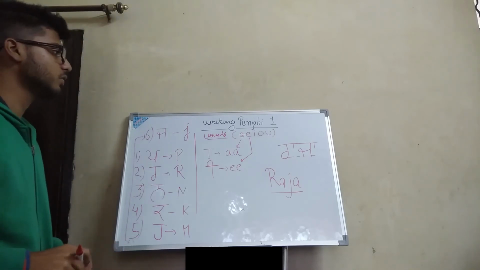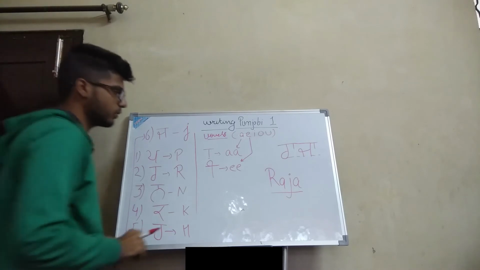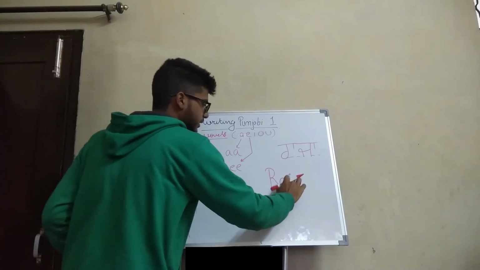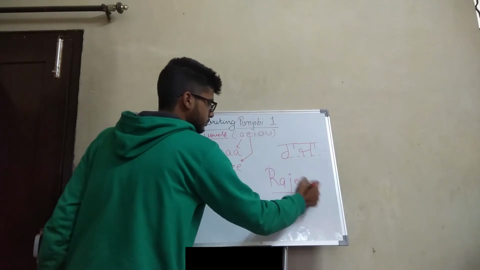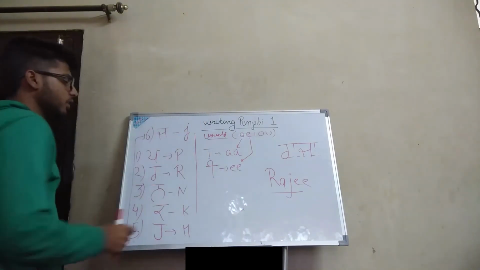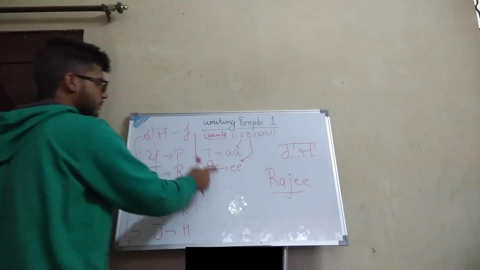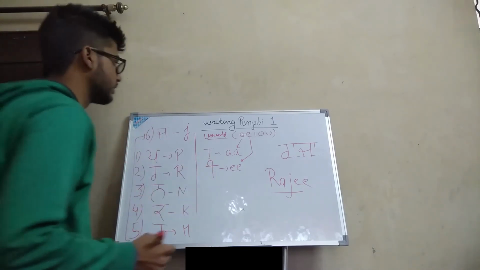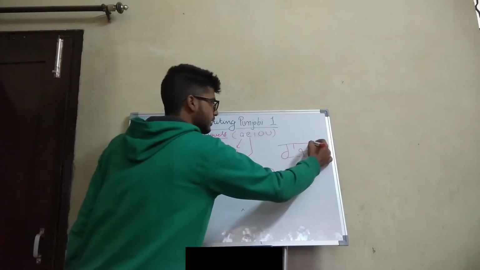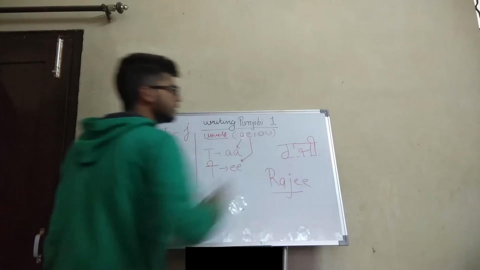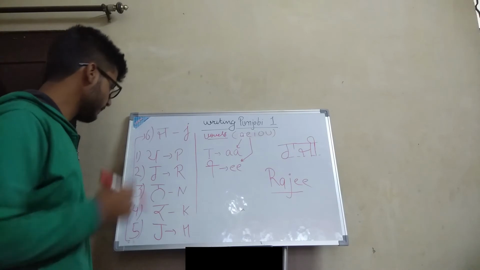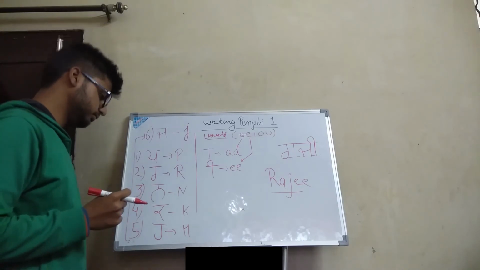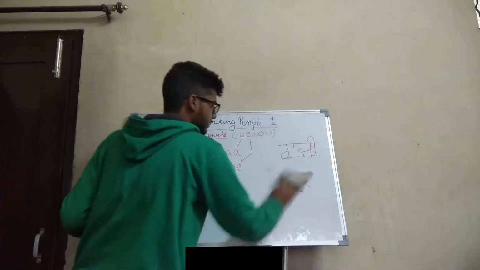So, how to write Raji if I want to end it with double E sound? We need to add this Bihari, it's called Bihari, at the end of this word. So making it Raji, this is Raji. So now just try to read this word.